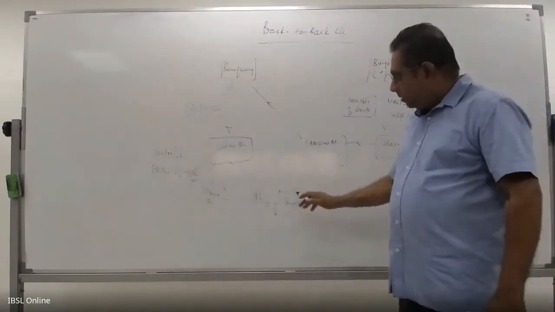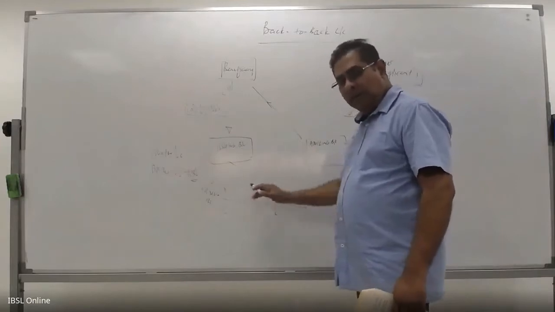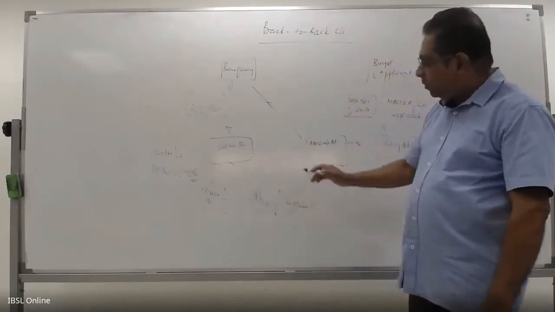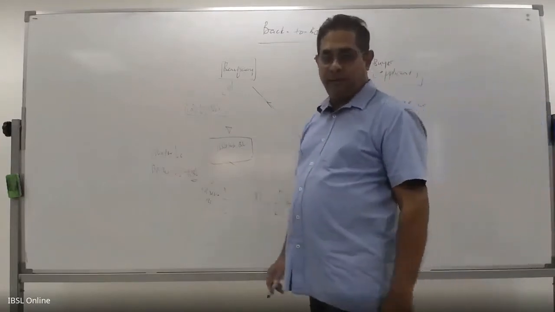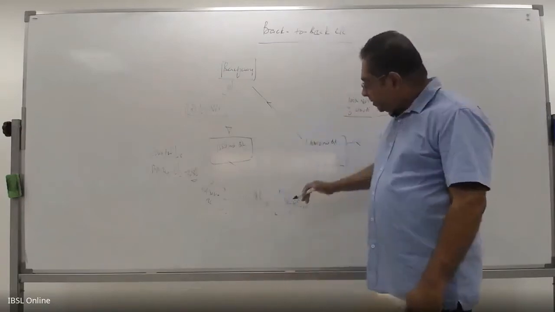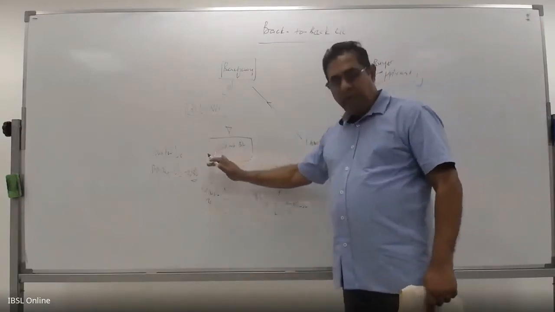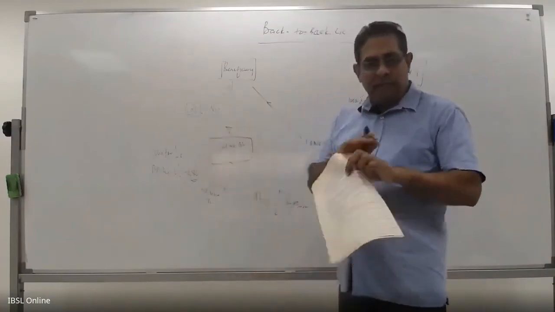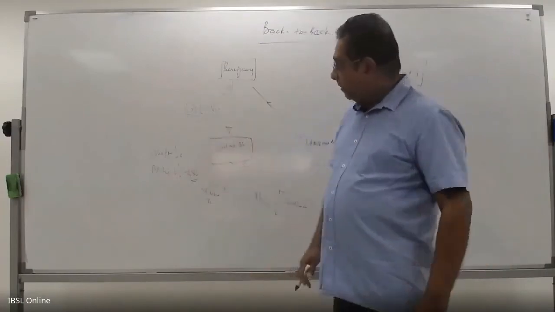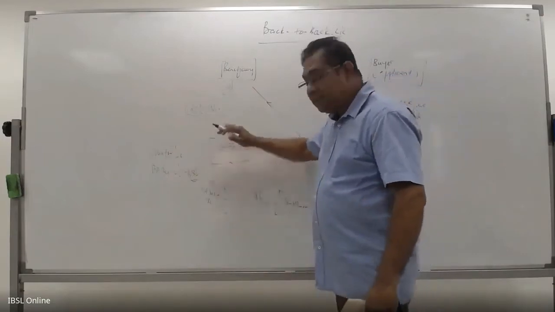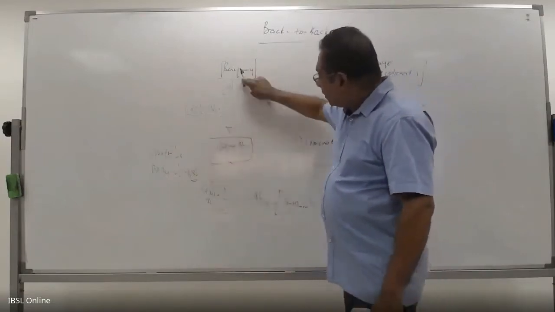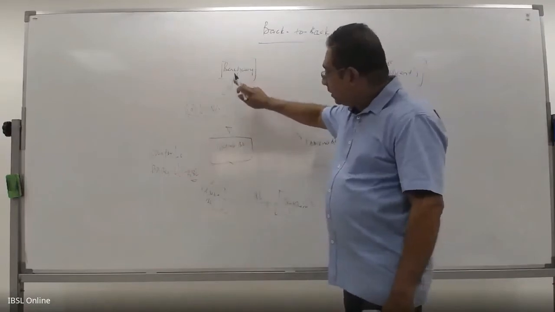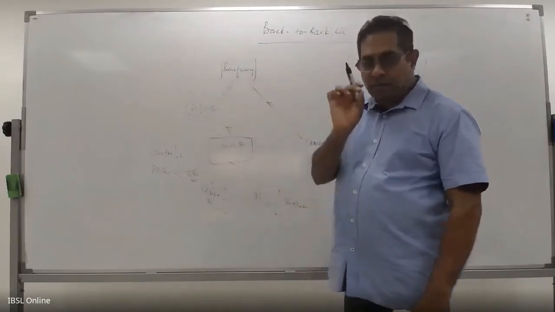Now the supplier of the baby LC or the back-to-back LC will perform according to the LC and send the documents across to this particular issuing bank. And if the documents are compliant, we'll have a presumption that the documents are compliant, right? Then the issuing bank will release the documents to this customer. Now he's not the beneficiary, he's an importer for this particular LC, that is the baby LC.